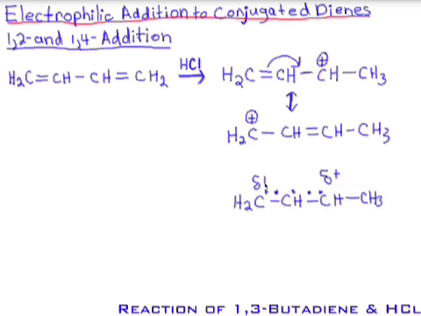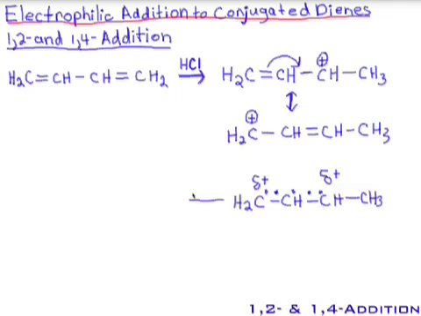This is what the incoming nucleophile, the chloride, will see. So when the Cl- attacks from the HCl, it will be attracted to both positions.